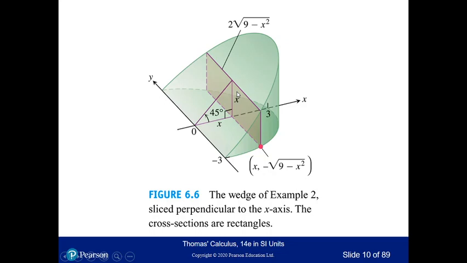You cut it into slices in a reasonable way, and this slicing is good because you get rectangles when you slice it like that. As x goes from 0 to 3, we have a rectangle.